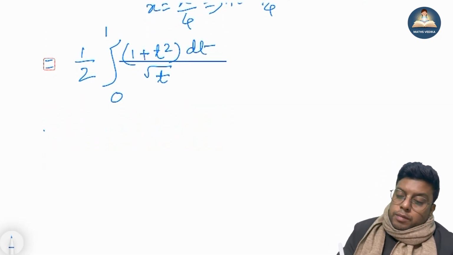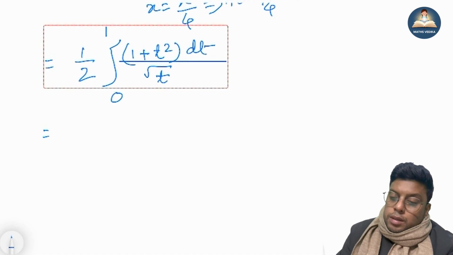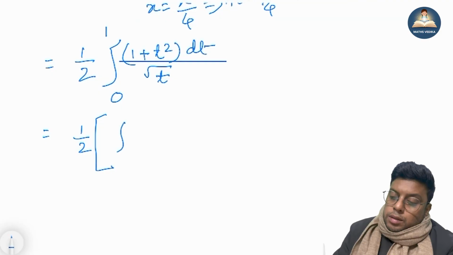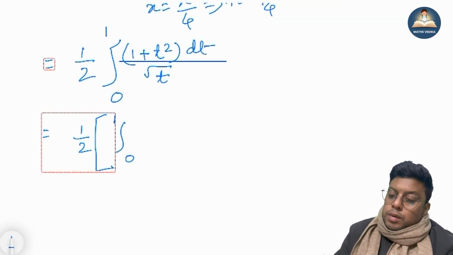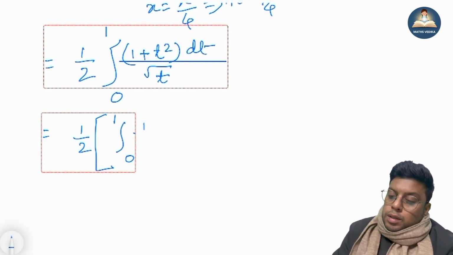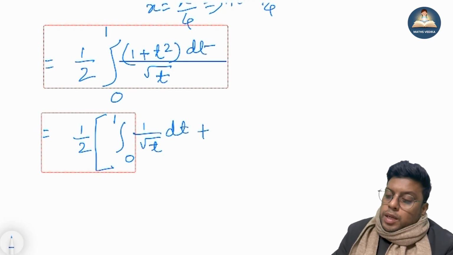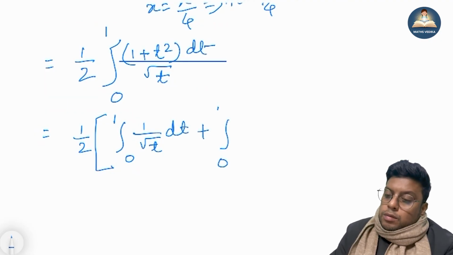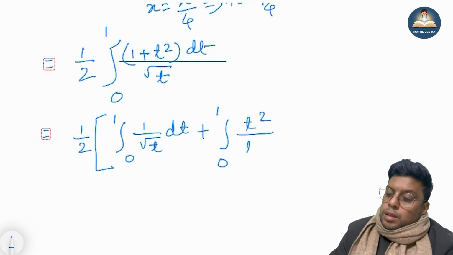Okay, now we have to solve this integration. So half, integration from 0 to 1, 1 by root t dt plus integration from 0 to 1, t square by t to the power half dt.